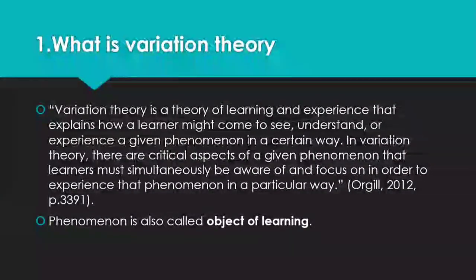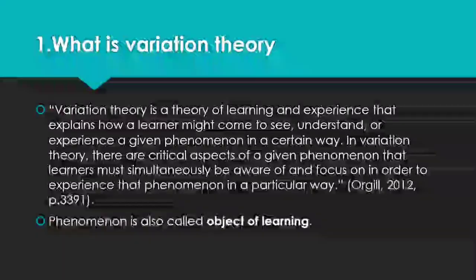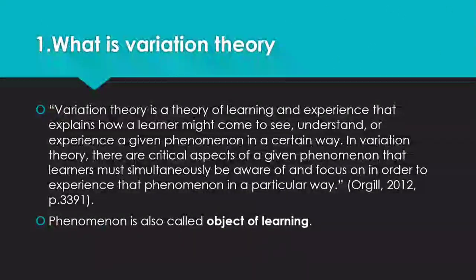So the color, size, and flavor of the apple are three critical aspects of identifying a red apple. So these are critical aspect and phenomenon, or object of learning, in variation theory.